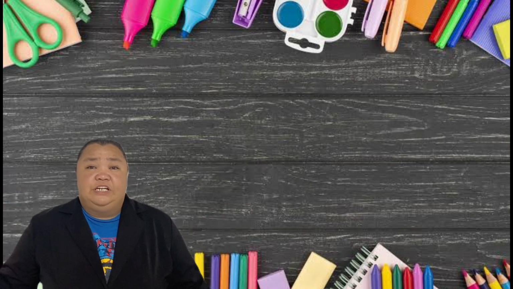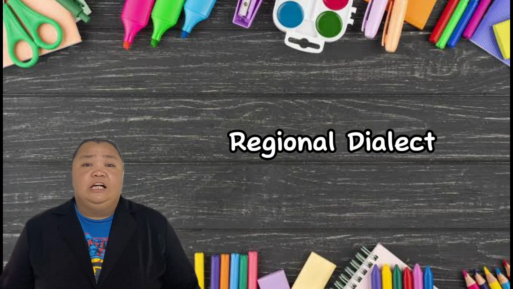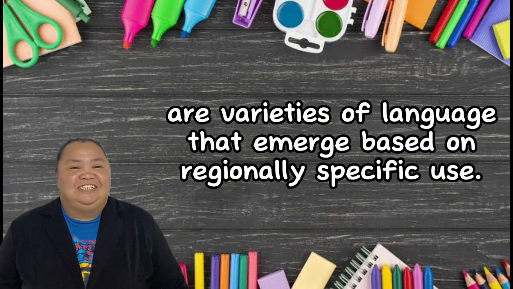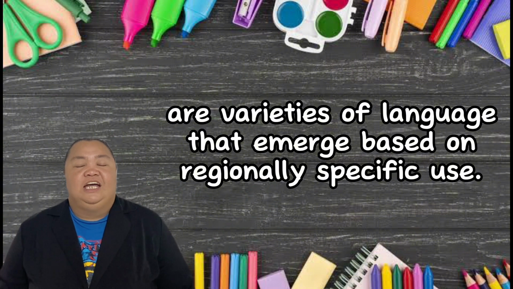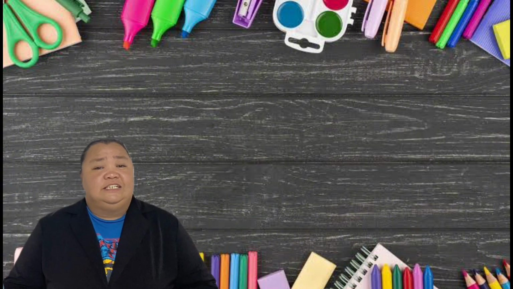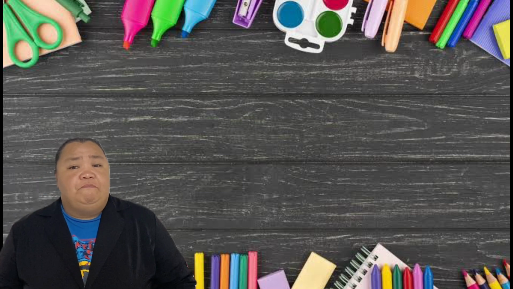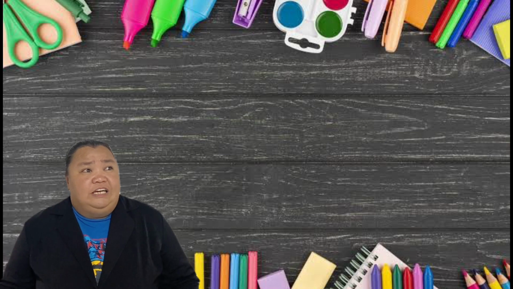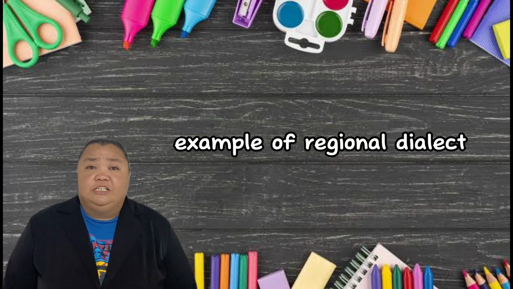And also regional dialect. Regional dialects are varieties of language that emerge based on region. There are many examples. Within the Philippines, we have a lot of examples of regional dialect.